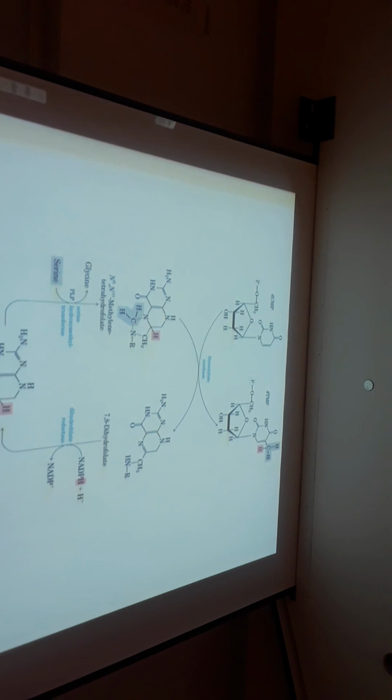And if a cell wants to divide, it can't produce DNA, it won't divide, and ultimately these cell lines will die off. And this actually is the idea of using antifolates and inhibitors of this enzyme dihydrofolate reductase in chemotherapy. And I told you previously that antifolates are among the oldest chemotherapeutics.